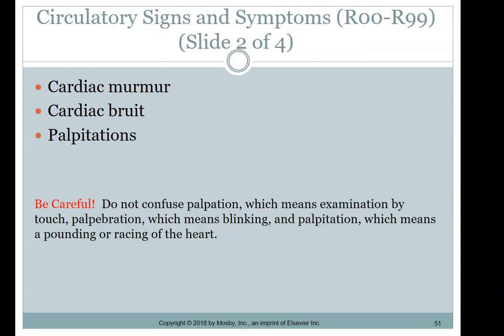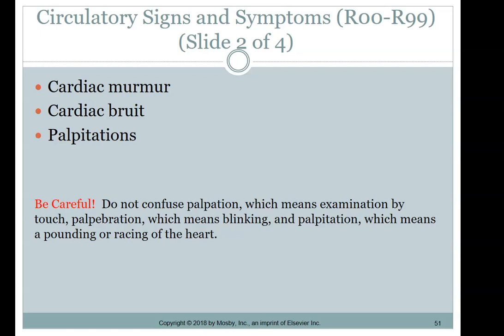Some additional circulatory signs and symptoms. Cardiac murmur. A cardiac murmur is an abnormal heart sound heard during systole, diastole, or both, and which may be described as a gentle blowing, fluttering, or humming sound. Cardiac bruit is an abnormal sound of the heart on auscultation, which is listening with a stethoscope.